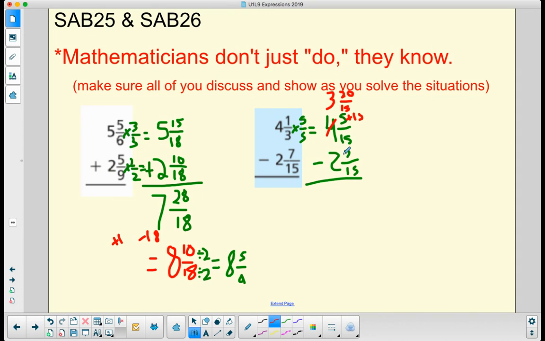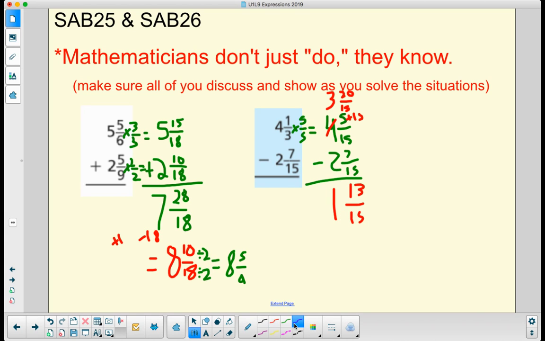Now, 20 15ths is easy. I can subtract 7 15ths from 20 15ths: 20 subtract 7 is 13, and their size stays 15ths. And then my whole number, 3 subtract 2 is 1.